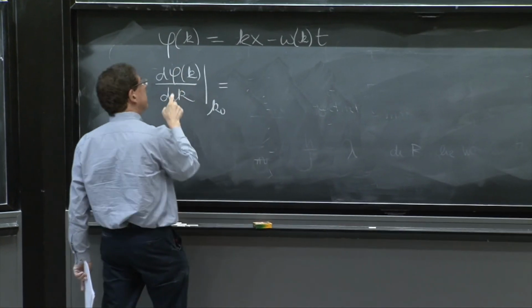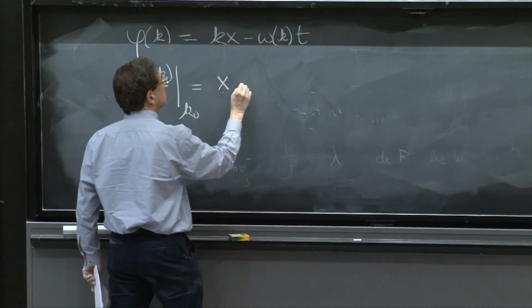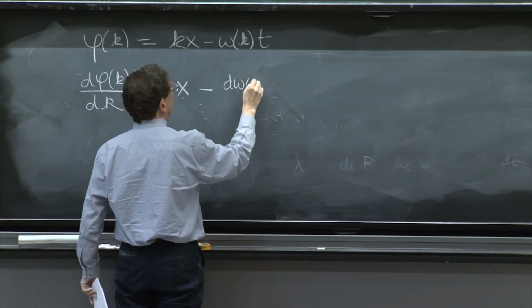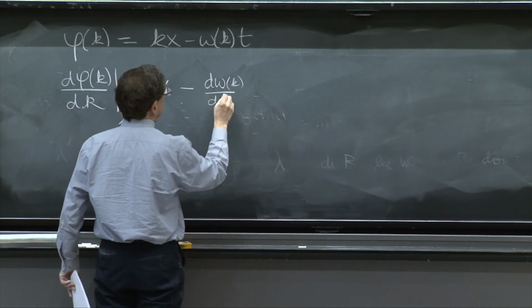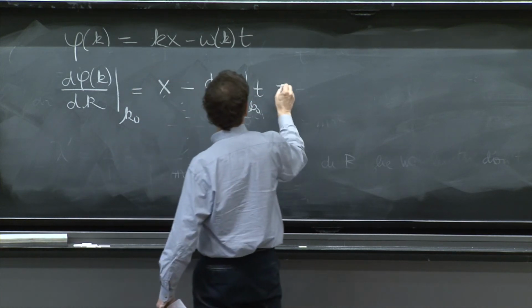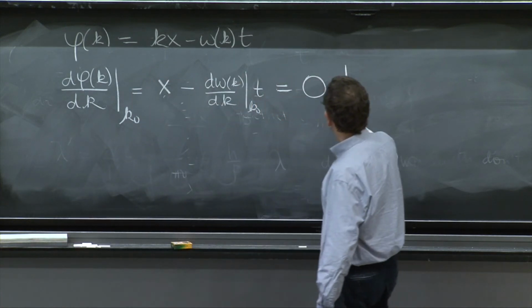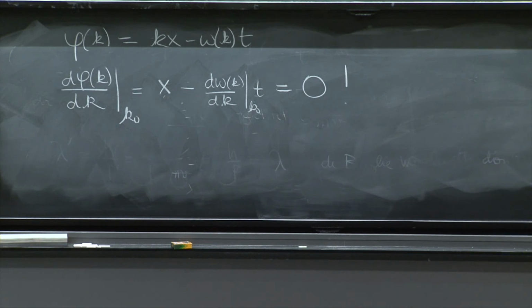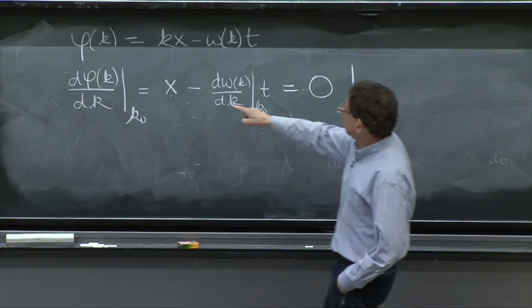So the derivative with respect to k is x minus d omega of k dk at k naught times t, and it must be 0. Stationary phase. The phase function has a stationary point. And look what you get.